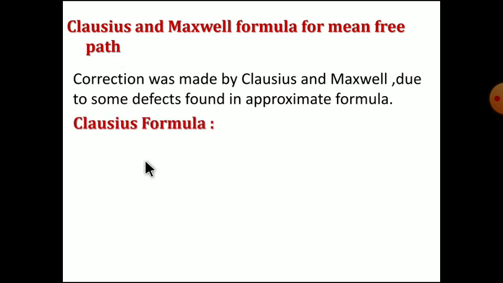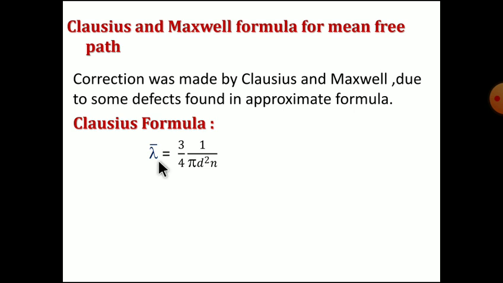Therefore, Clausius corrected that assumption, and he made the correction that all gas molecules are moving in all possible directions with the same velocity, and he corrected the formula by multiplying by 3/4.